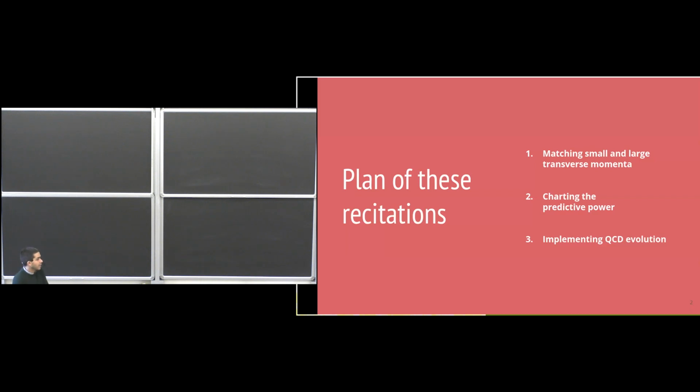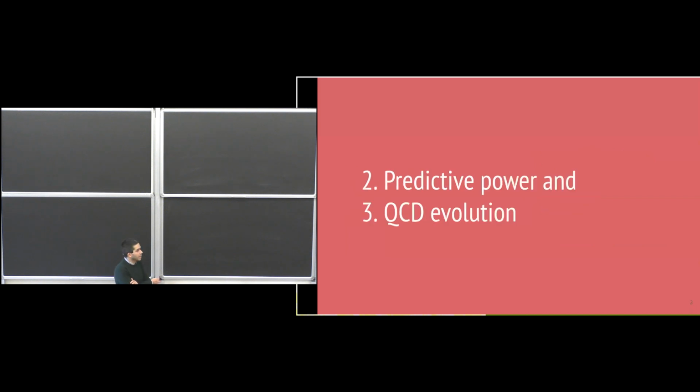So today we are going to discuss the predictive power of the formalism and the implementation of these evolution equations. So what do you think is the predictive power of a theory?